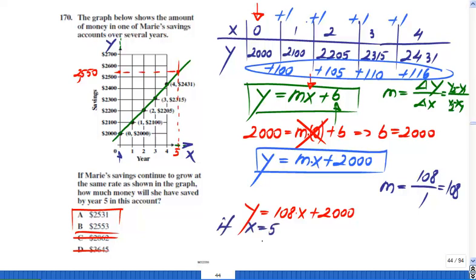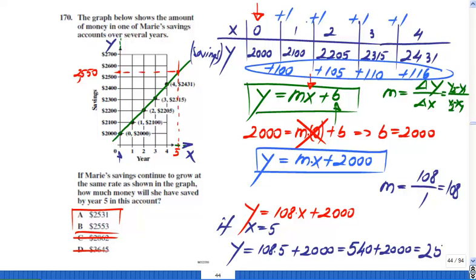So if x equals 5, then the savings amount, my y, because this is the savings axis, will be 108 times 5 plus 2000, which equals what? 108 times 5 will be 540 plus 2000. And the answer will be 2540, right? And remember, this is an approximation.